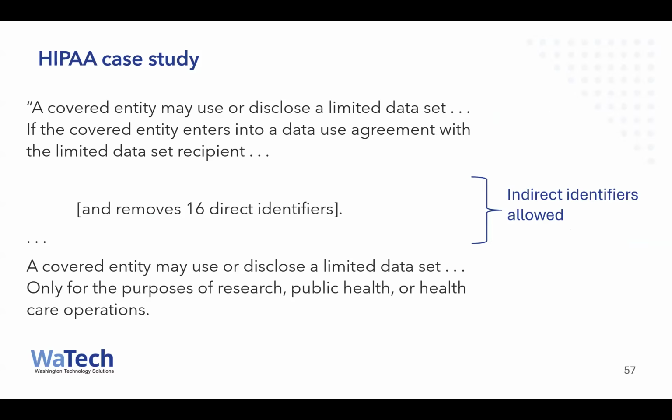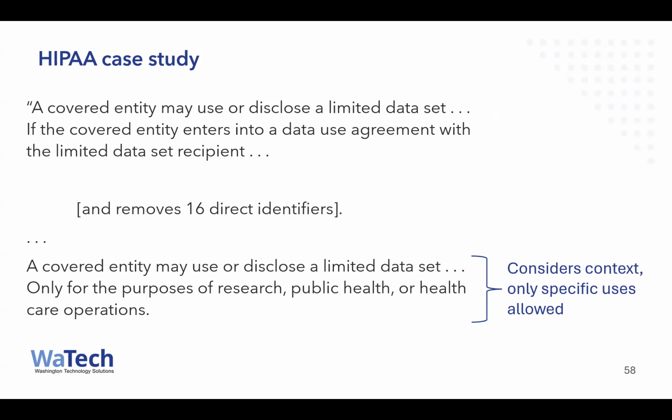Significantly, it would allow things like smaller geographic areas and dates. And it also, again, requires you to consider context, and you're only allowed to use the information for very specific purposes. So again, not directly applicable to everybody, but a good example of all of these principles being rolled up and operationalized in a legal standard.